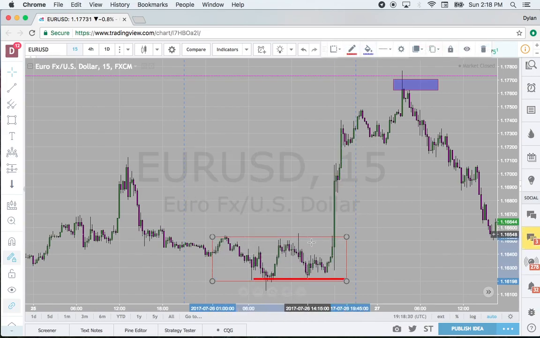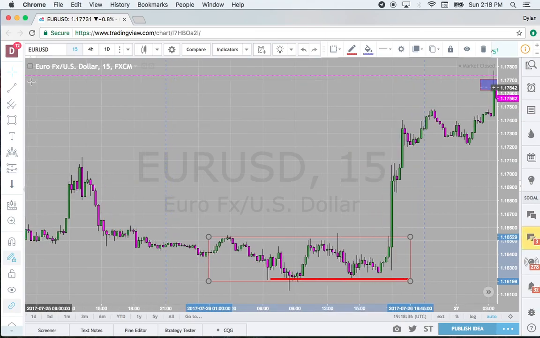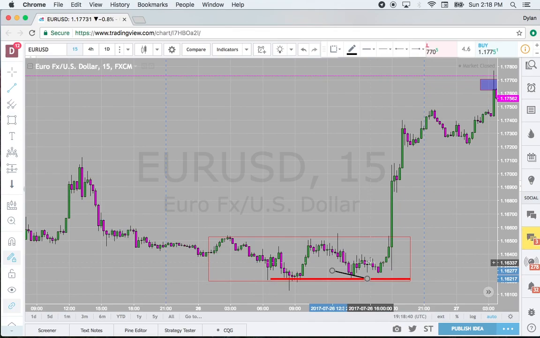This is it. Once we see that second leg of the W formation, which could have been, you could have bought here, or they gave you a second option here, or even at this wick here.